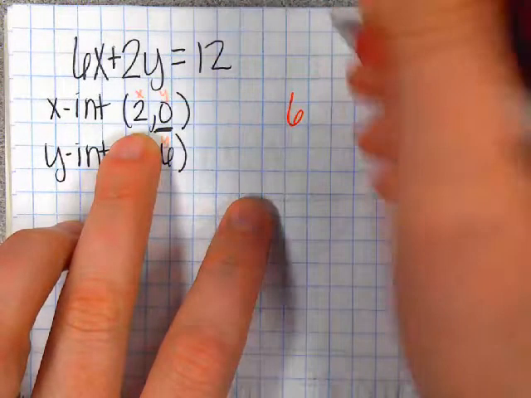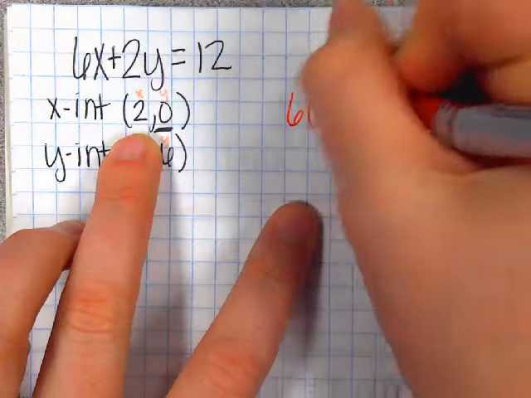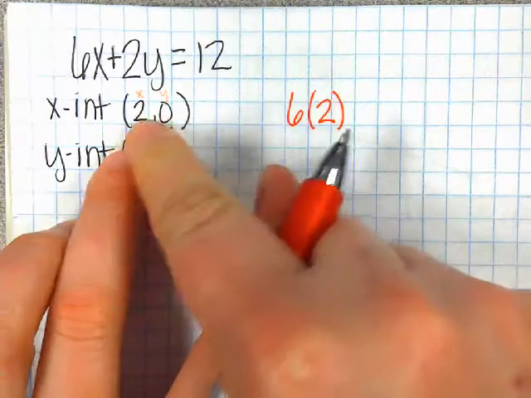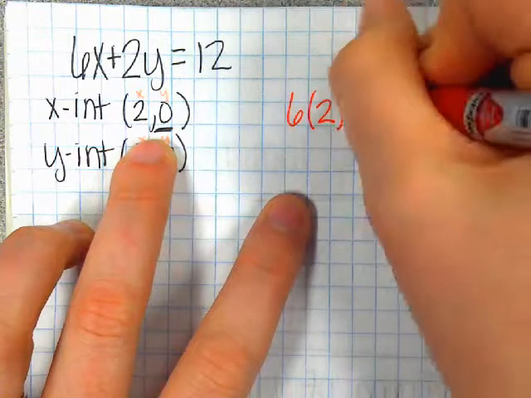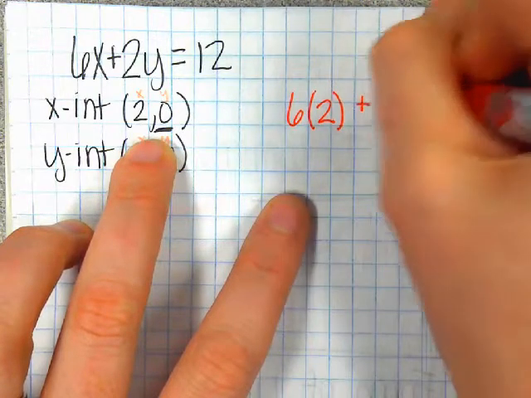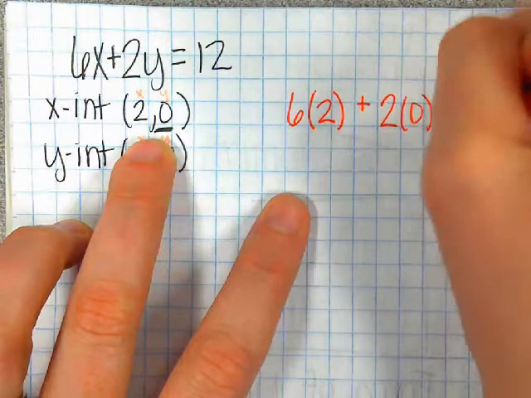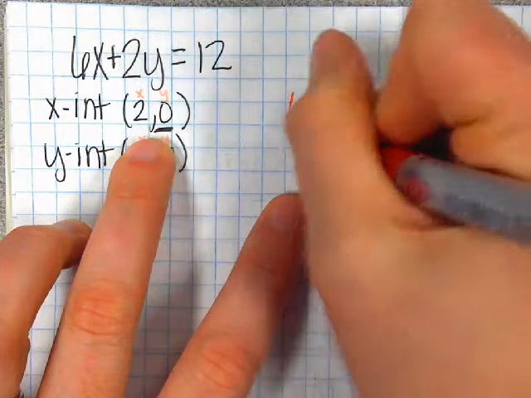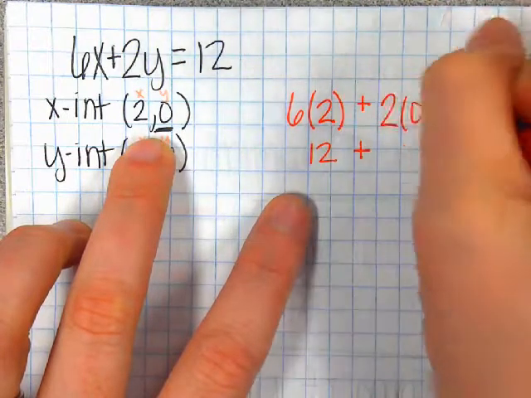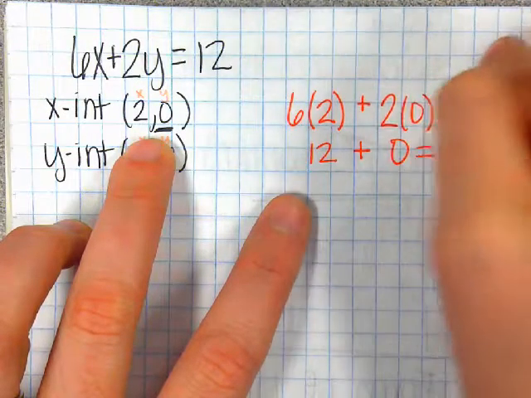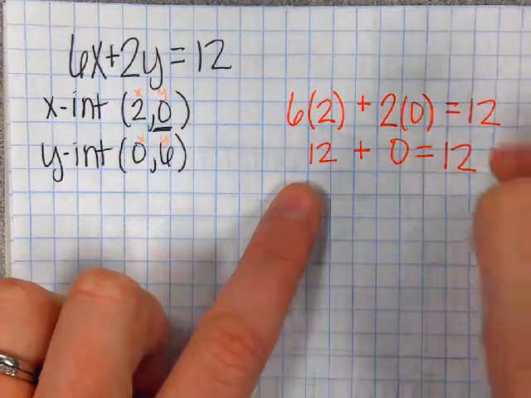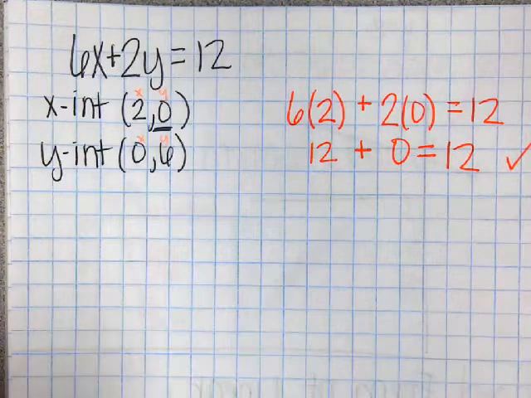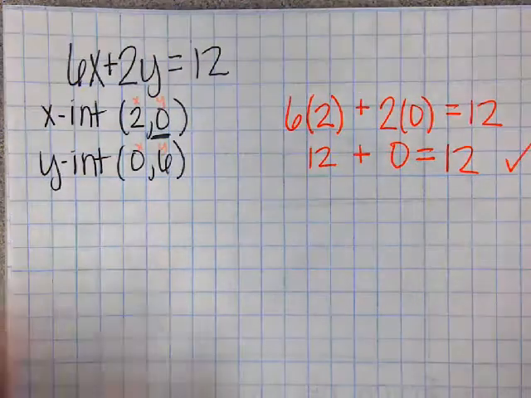So let's go ahead and plug this in. The x value is 2, so I'm just taking these values and checking to make sure that they are actually on this line. So 6 times 2 plus 2 times 0 equals 12. 6 times 2 is 12, plus 2 times 0 is 0, equals 12. Does 12 equal 12?